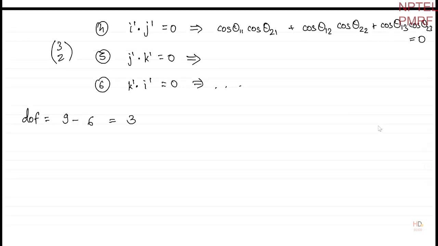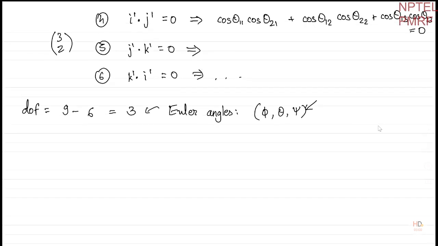And Euler angles is one of the ways you can describe those angles, which were what? Phi, theta, and psi. So if you tell me these three angles, I can convert them into theta 1 1, theta 2 1, etc. Okay, so that was the idea.